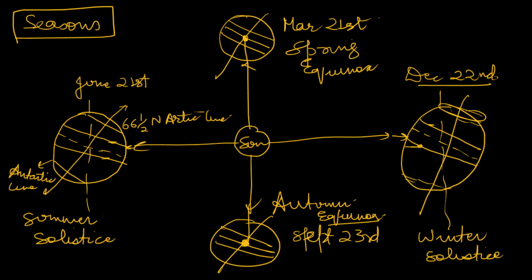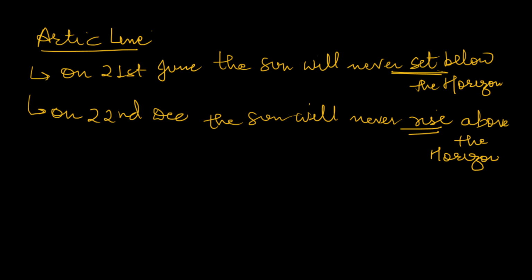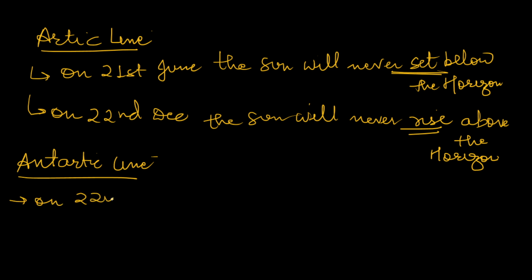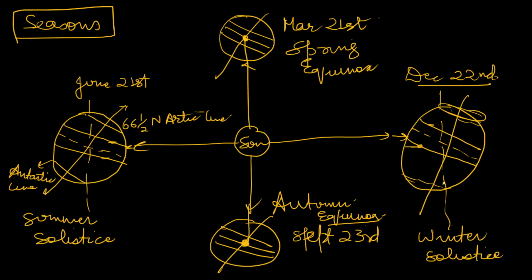And the things will be just opposite on Antarctic line. That is on 22nd December, sun will never set. You can see here that on 22nd December, the sun is never going to set on the Antarctic line because it falls in this region where the sun rays will be falling.